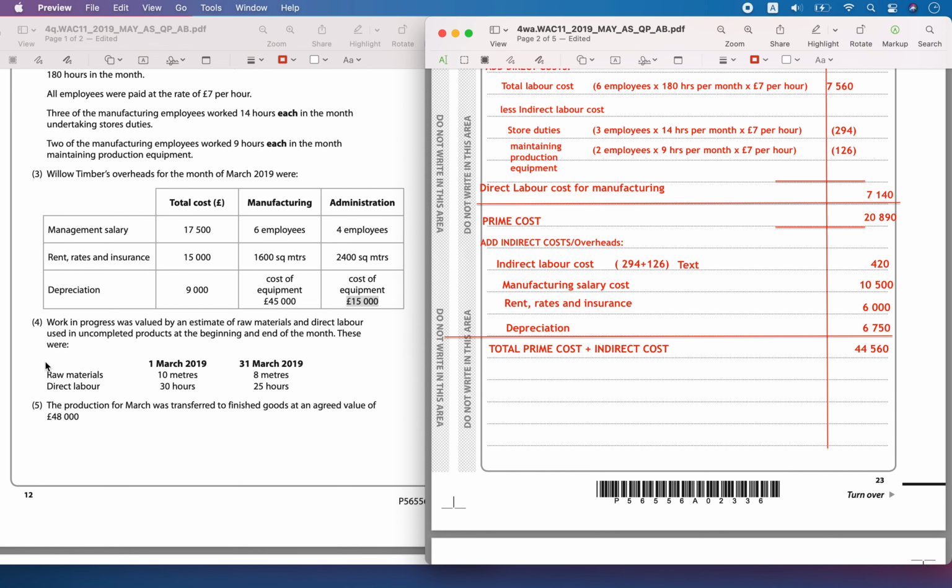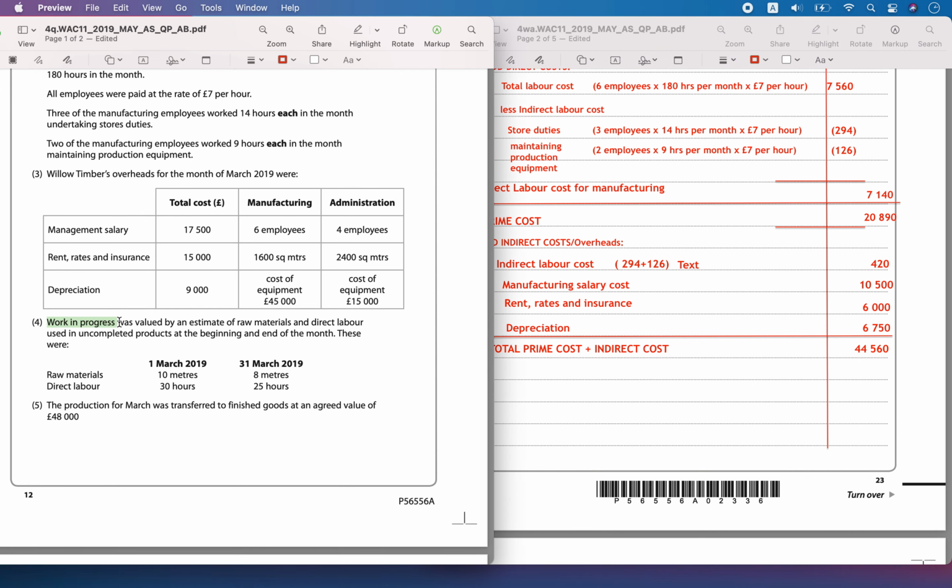Now we have to include the work in progress. Here the information is given: work in progress was valued by an estimate of raw materials and direct labor used in uncompleted products at the beginning and the end of the month, and these were as follows.